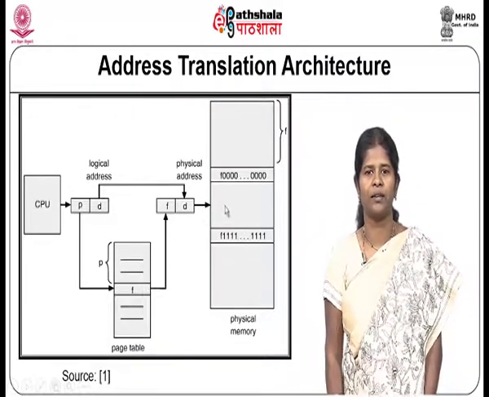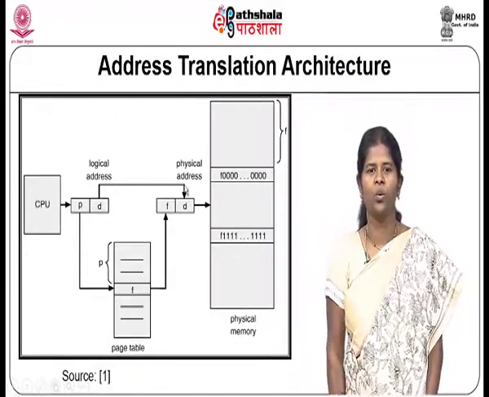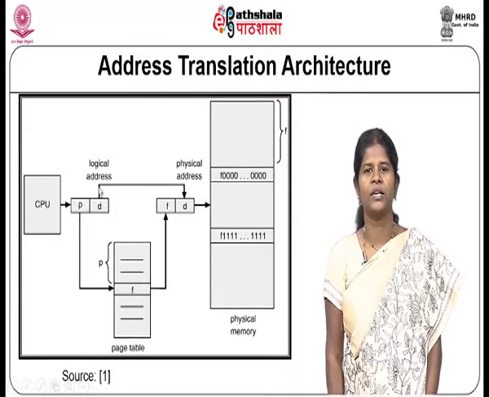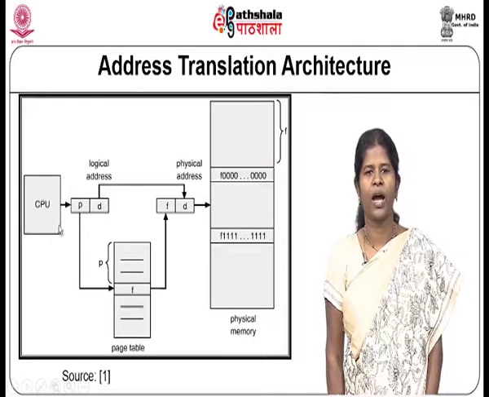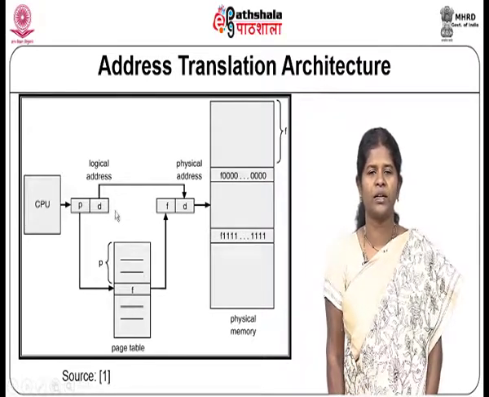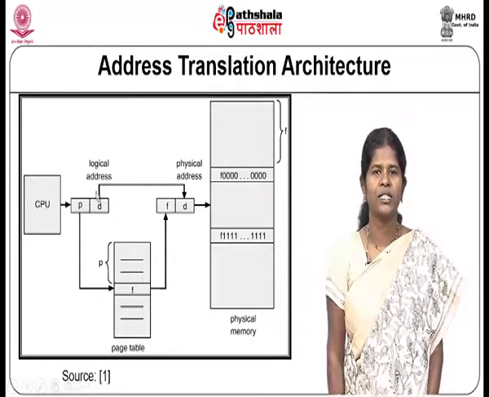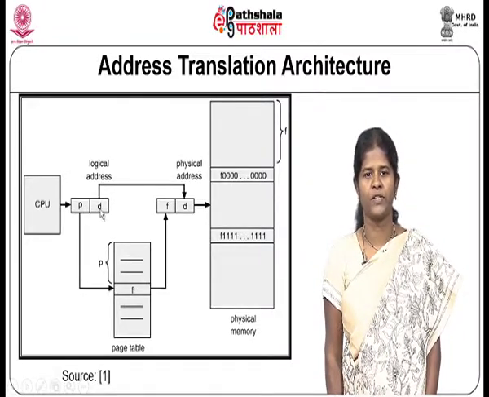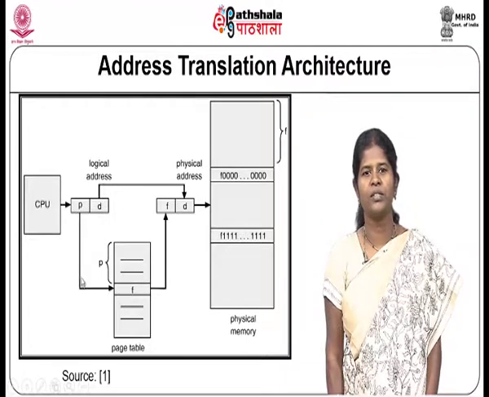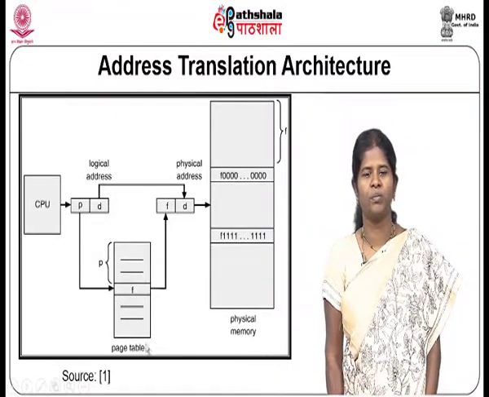So, look at this diagram. This shows how a logical address is converted into a physical address. You have the CPU which is generating logical addresses. The logical address, as I told you, is divided into two parts, a page number and an offset. The page number is used as an index into the page table, so the value of P is used as an index here.